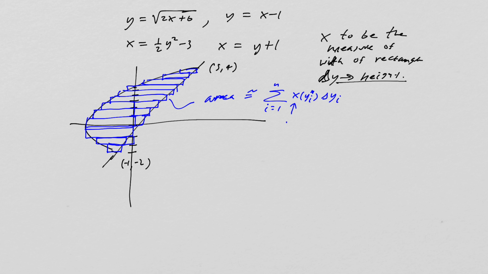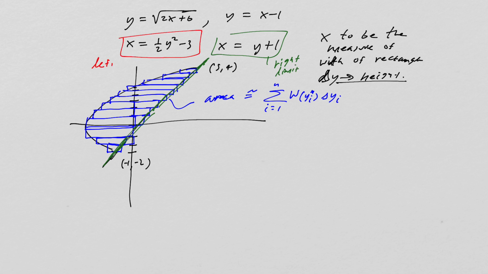Actually, let's take that x and be a little bit more careful about it. We're actually going to call it a function of the width. So the width will be a function of y, and we can think of it this way: this function here is written by this line there, so that's on the right-hand side of things. This is the right limit, and on this side, this is the left limit.